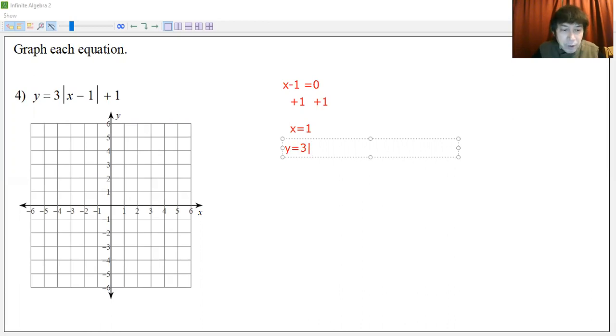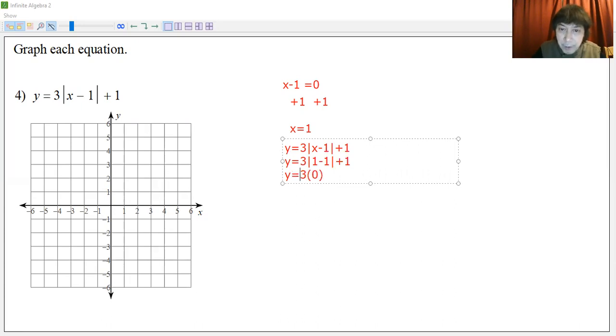So this is now absolute of x minus 1 plus 1 there. Let us now substitute the positive 1. This is now vertical bar. This is 1 minus 1, and this is plus 1. And so we will get 3 times 0 here. So this is just 3 times 0.